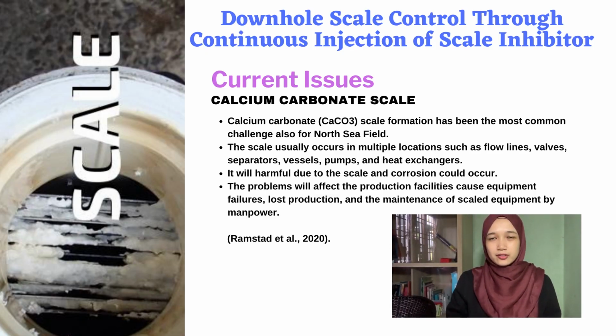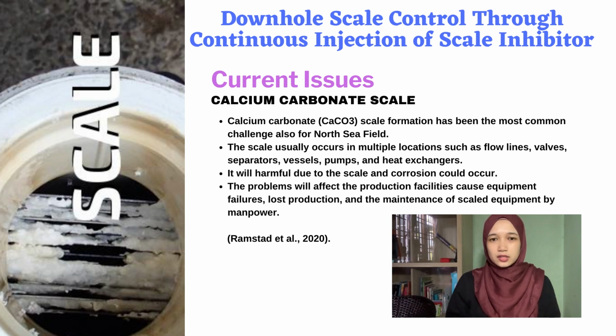I will continue on the next part, which is downhole scale control through continuous injection of scale inhibitor. This downhole scale control has a current issue, which is calcium carbonate scale. This scale formation has been the most challenging in various fields, including North Sea fields.